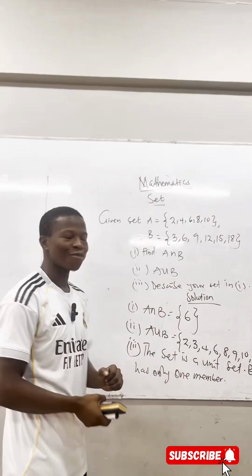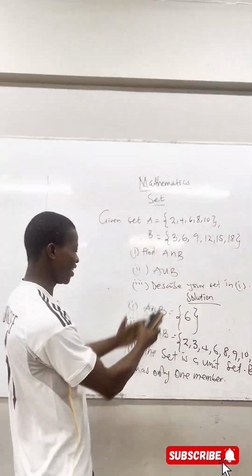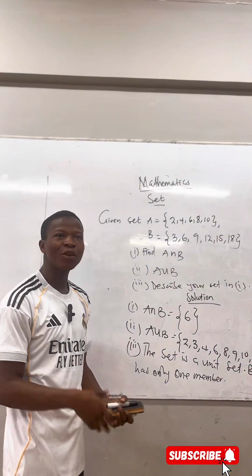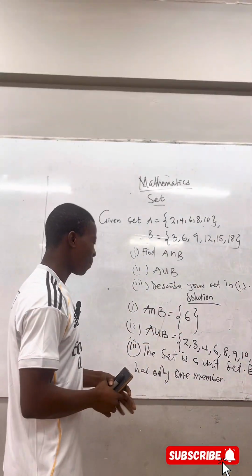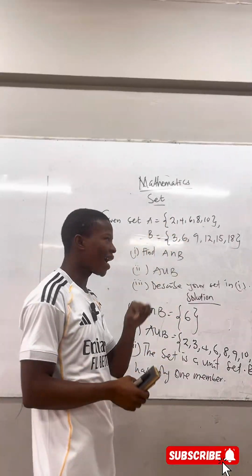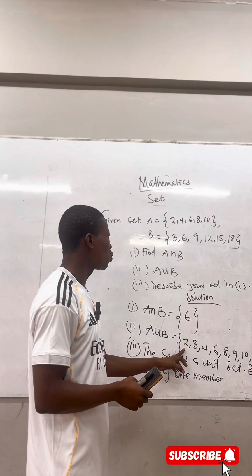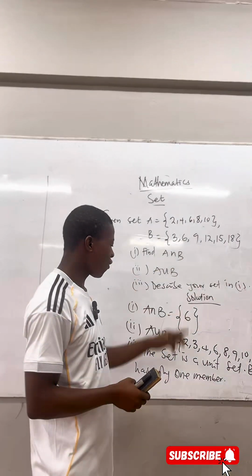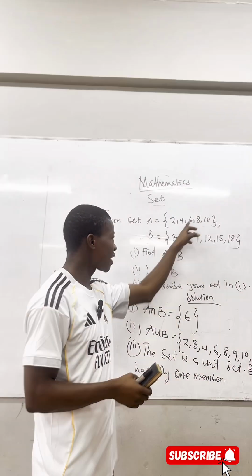They have gone on a marriage agreement. We join them. So we have A union B. In order of magnitude, ascending order from smallest to biggest. The smallest member of the set is 2, followed by 3, followed by 4, followed by 6. 6 has repeated twice.